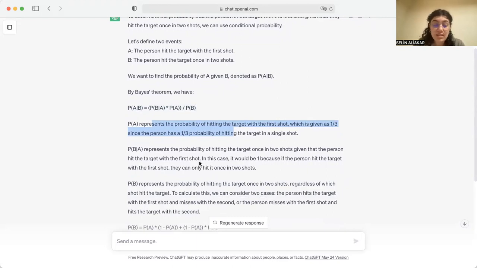He should not hit the target in the second one because the question said he hits the target once. So the probability is 1/3 times 2/3, and this is equal to 2/9, and it is not equal to 1.